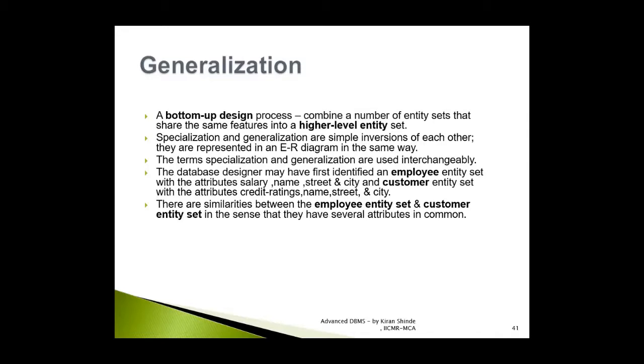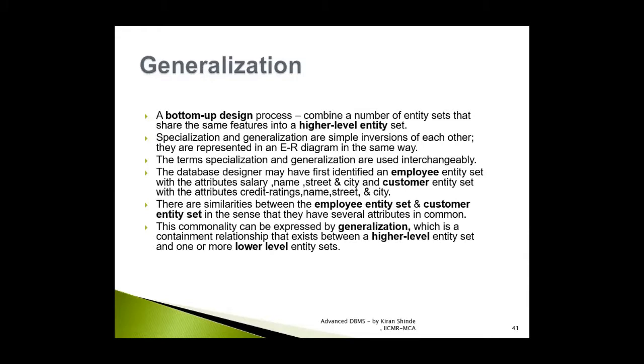So it may happen that in the initial stage, the designer has come up with these two entity sets, and as I mentioned in the beginning, the designer finds that some attributes are common between them. This commonality can be expressed by using the feature called generalization, which is a containment relationship that exists between a higher level entity set and one or more lower level entity sets.